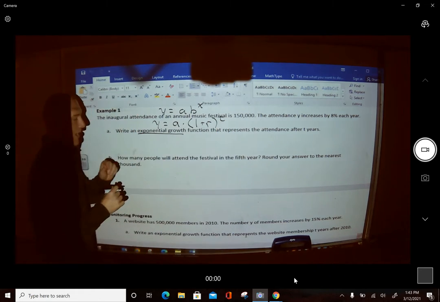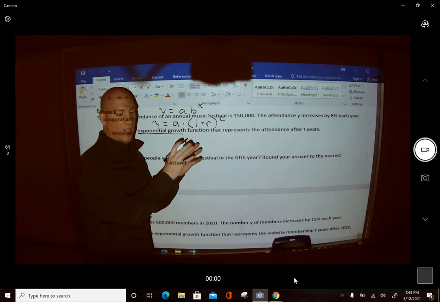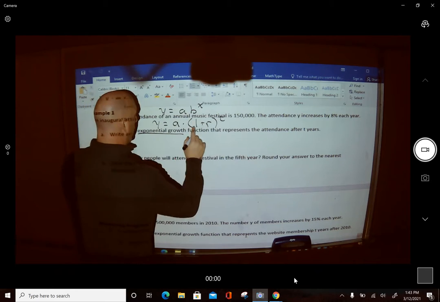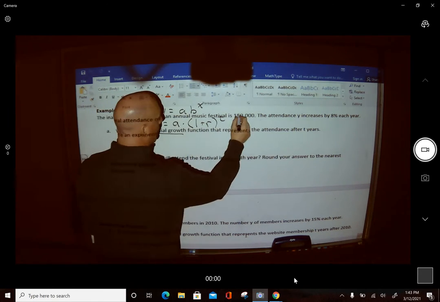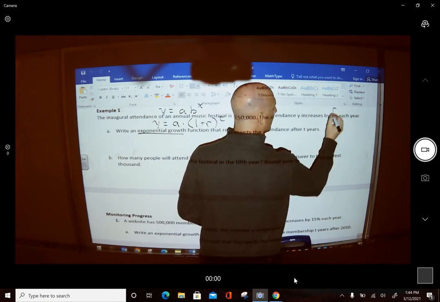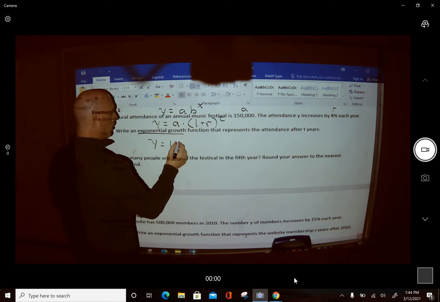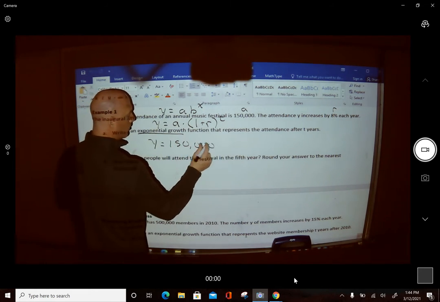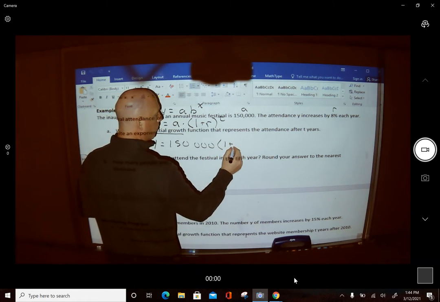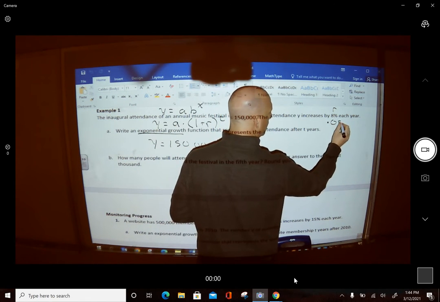T represents the time. Notice how we're changing this now. All we're doing is we're saying we're going to find our factor, but our factor depends on our growth rate. So now, the attendance was 150,000. That's our a. Increases by 8%. That's our rate. So we're at y equals 150,000, sorry, I won't put the comma in because Big Ideas doesn't like that, outside of 1 plus 8%. But let's change this to a decimal just so we have something easy to work with.